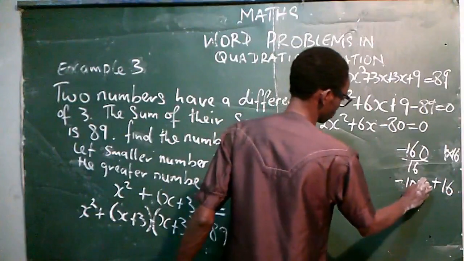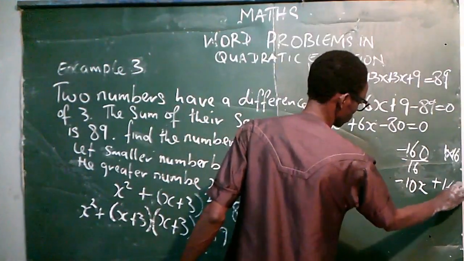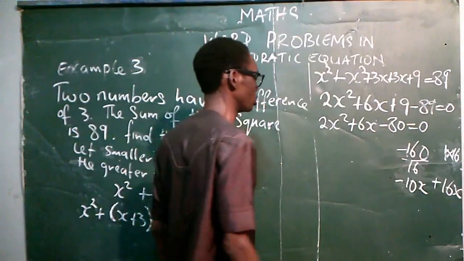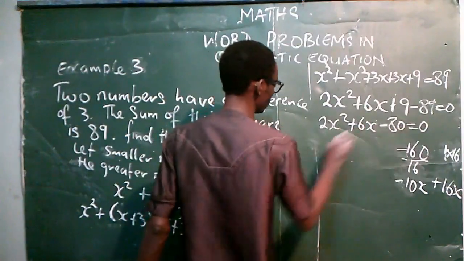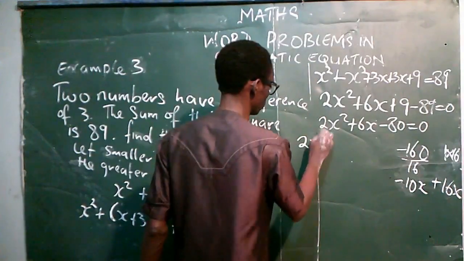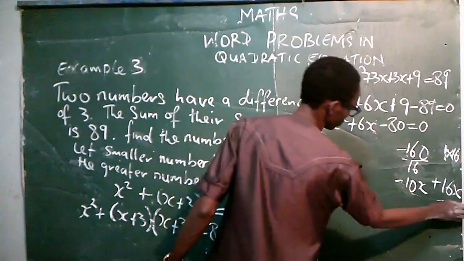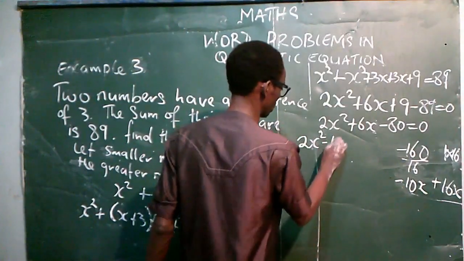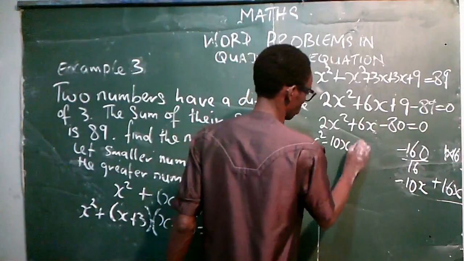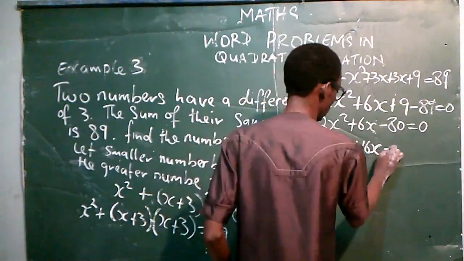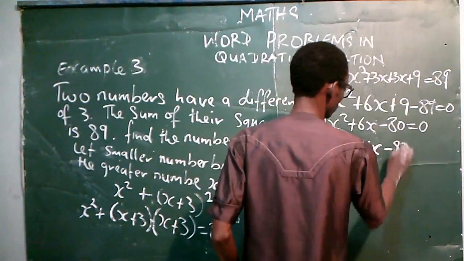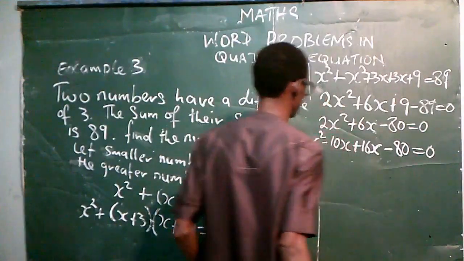So the coefficient of x is not a unit, so I will rewrite this equation: 2x squared, instead of writing 6x, I will write minus 10x plus 16x minus 80 equal to 0.